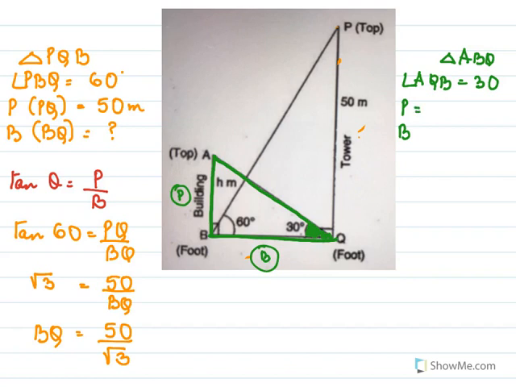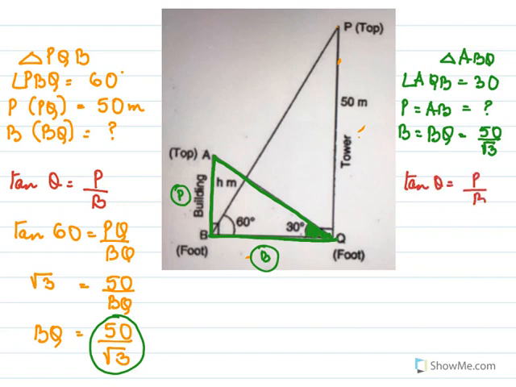So here is its perpendicular, this is the base. Perpendicular AB, which we don't know. It is the question. And our base here is BQ. But we have found BQ here. If you remember, we found BQ in this. So we'll write 50 over root 3.